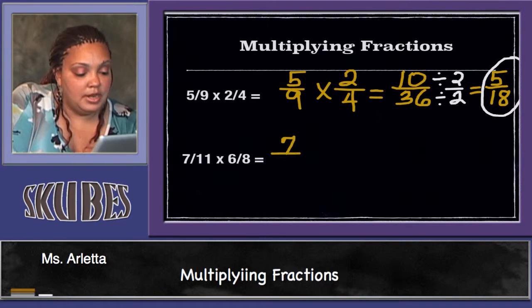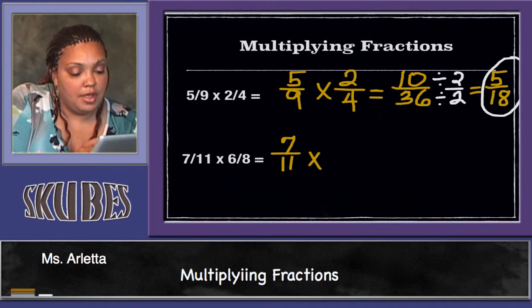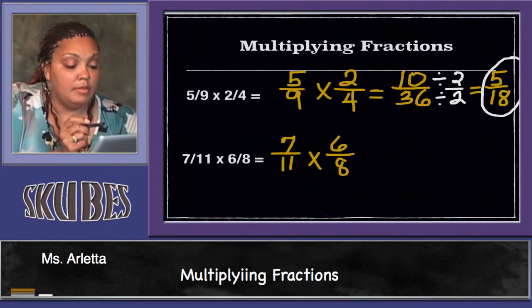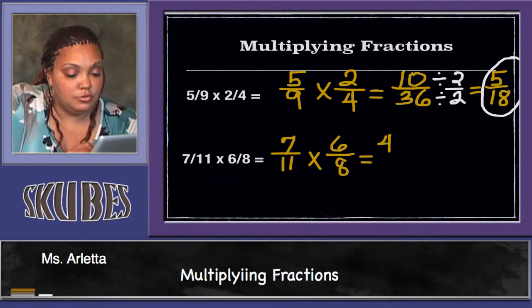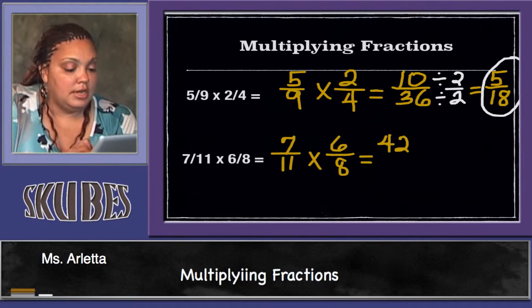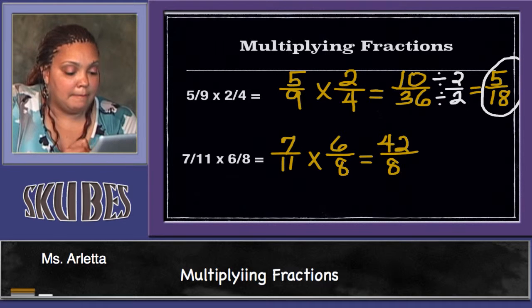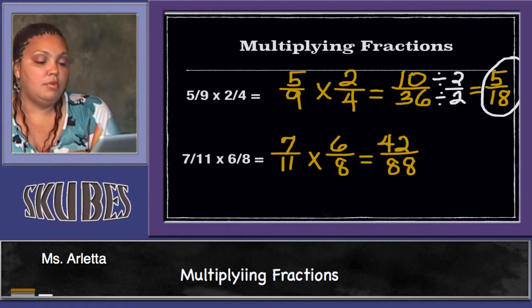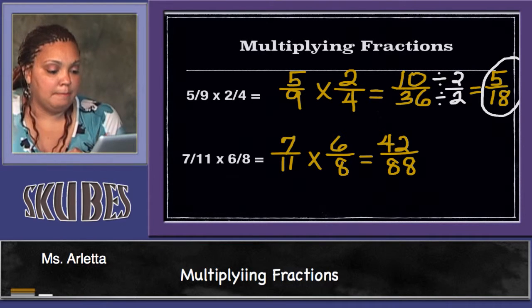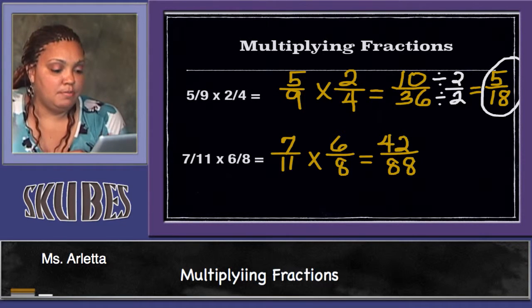7 over 11 times 6 over 8. Multiply your numerators and multiply your denominators. 7 times 6 is 42. 11 times 8 is 88. 42 over 88. Is there a common factor between 42 and 88? Well, we know 2 goes into both of them, but I'm trying to see if there's a higher number that goes into both of them.